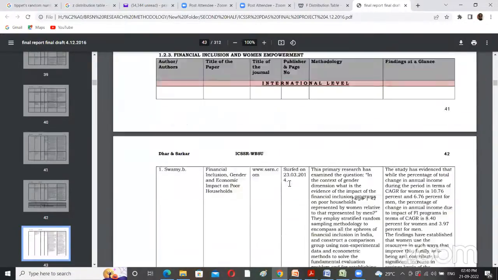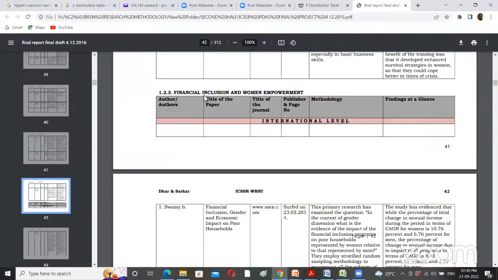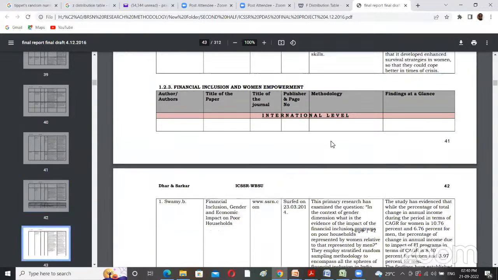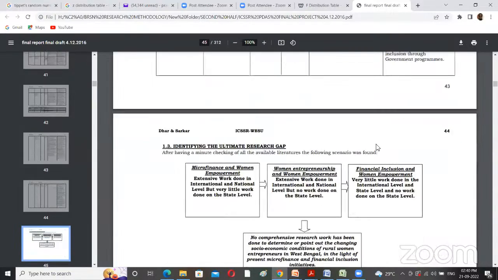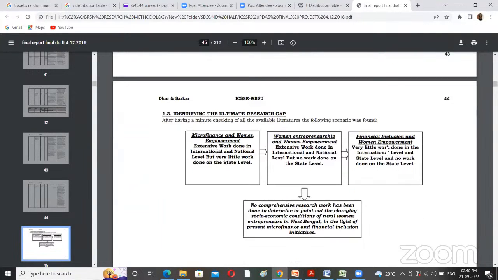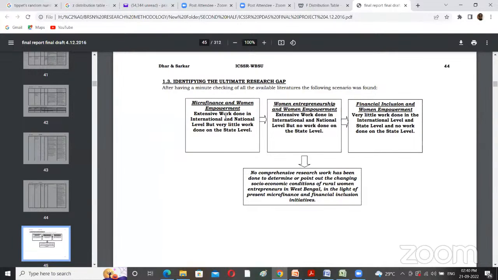And after doing a very good literature review, again the third theme you see is financial inclusion and women empowerment. Then again under this, international, national and state level. So discussing all these thematic as well as periodic, international and national level literature reviews, ultimately, diagrammatically we have placed the research gap. You see there are three themes: microfinance and women empowerment, women entrepreneurship and women empowerment, and financial inclusion and women empowerment.